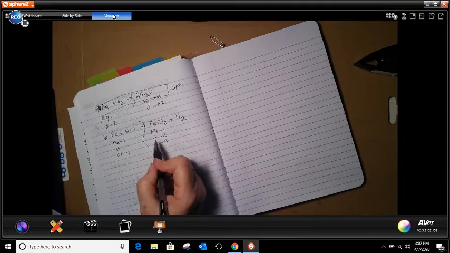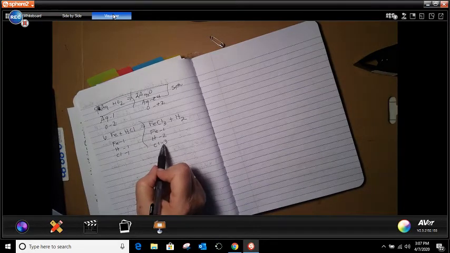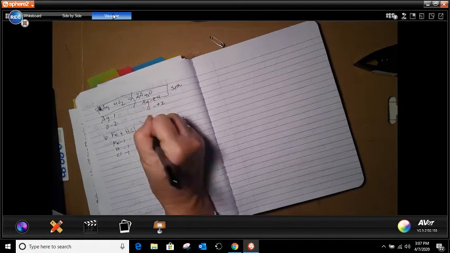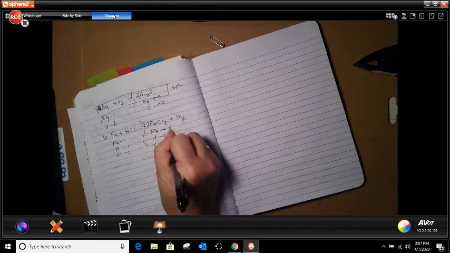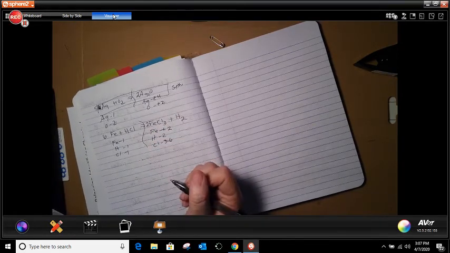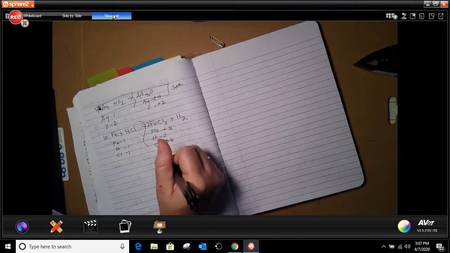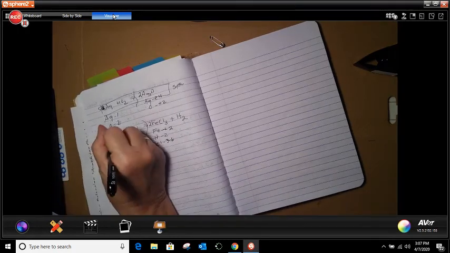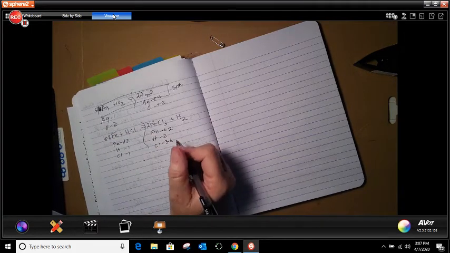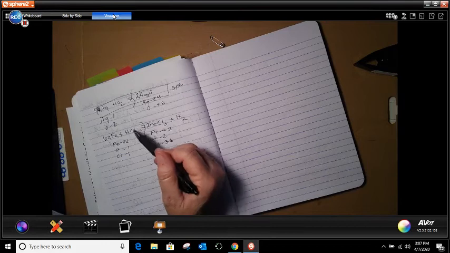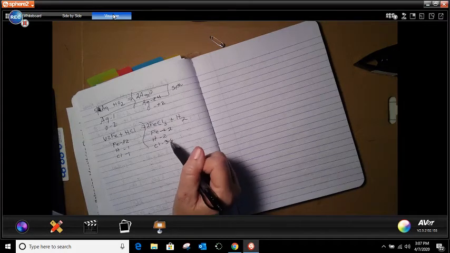So I need to change HCl, but look at that 3 there. I don't like odd numbers. I don't. So I'm going to go ahead and put a 2 in front of there, and that's going to change my chlorine to 6 because I like that better. And so now I have all even numbers, don't I? So then if I put a 2 in front of here, now hydrogen and chlorine, I have 2 and I have 6.